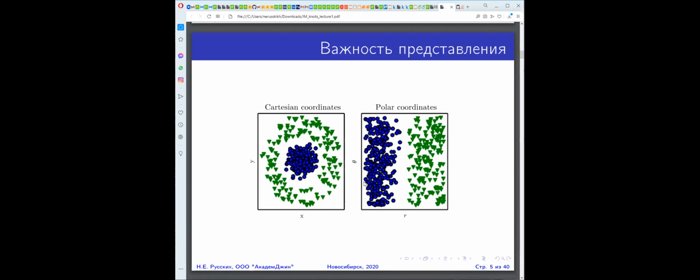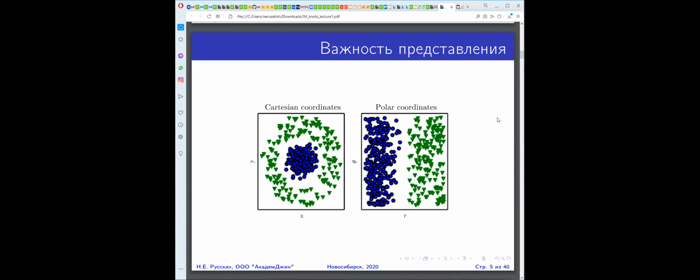On this slide, the left and right halves are literally the same data, but on the left it's represented with Cartesian coordinates, and on the right it's represented by polar ones. So the right one is linearly separable, the left is not. We're not bounded by linear classifiers only.